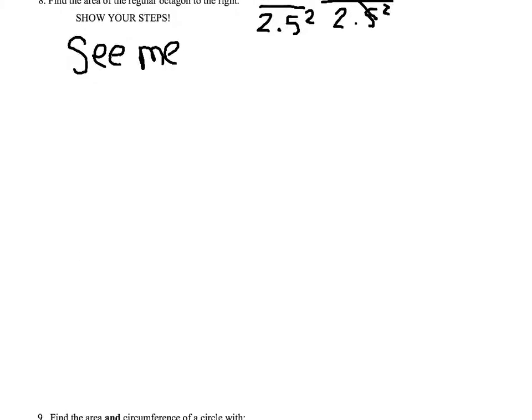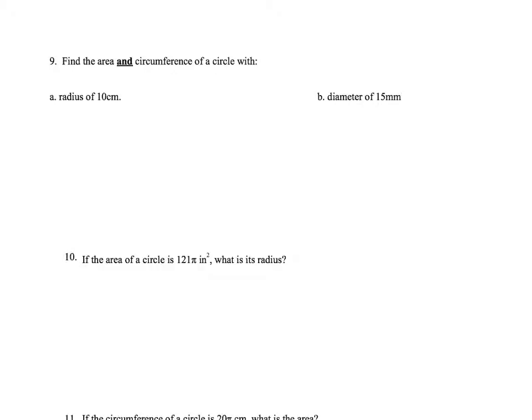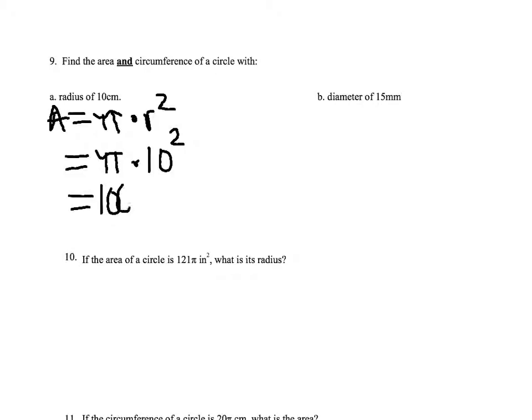Okay? Next that we're going to do is just find the area and circumference of a circle with radius of 10. Remember, area is equal to pi times r squared. And so what we're going to get is pi times 10 squared, and we get 100 pi.